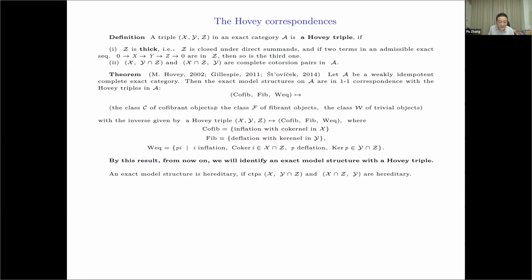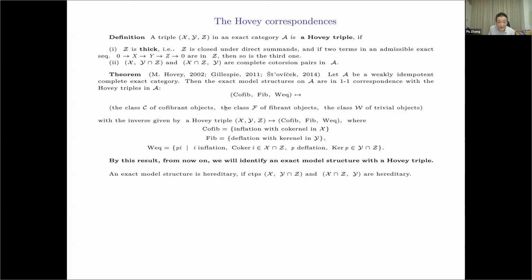Then the main theorem says that for a weakly idempotent complete exact category, the exact model structures of this category are in one-to-one correspondence with Hovey triples.